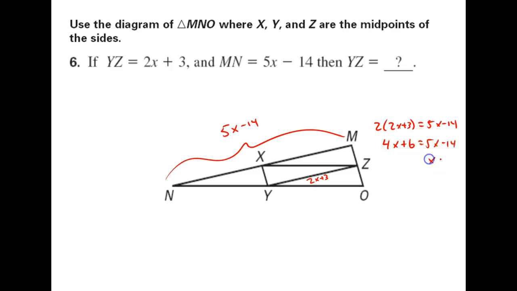Let's subtract 4x from both sides. Add 14 to both sides. Oops, it's 20. So if x is 20, we're trying to find YZ. So I need to take that 20 and put it in for x in my YZ expression. So 2 times 20 now plus 3 equals 43.